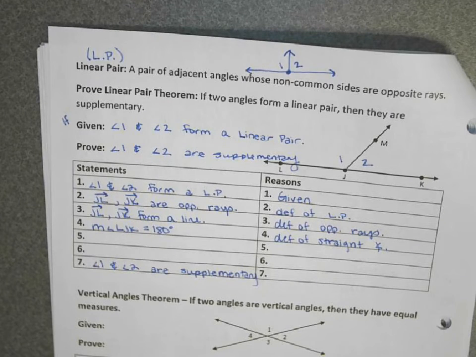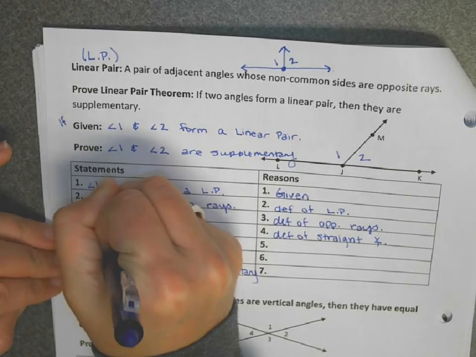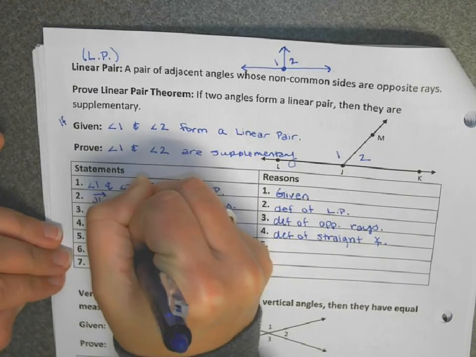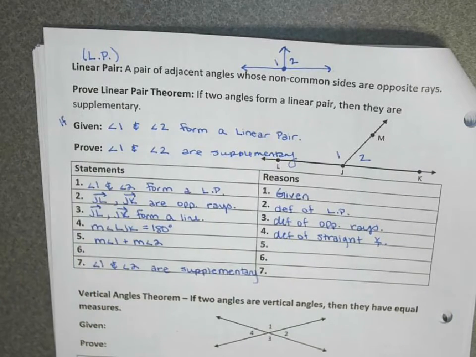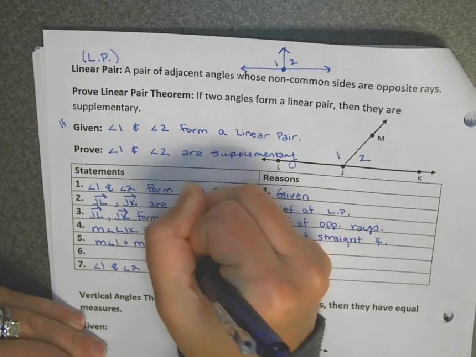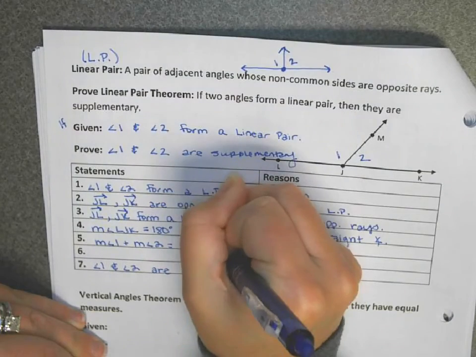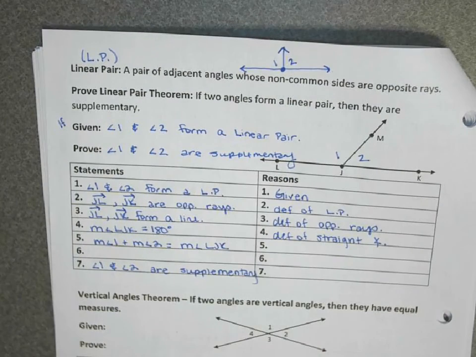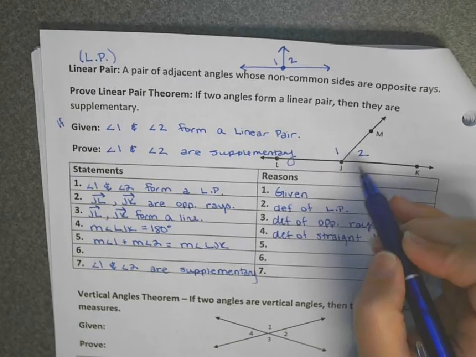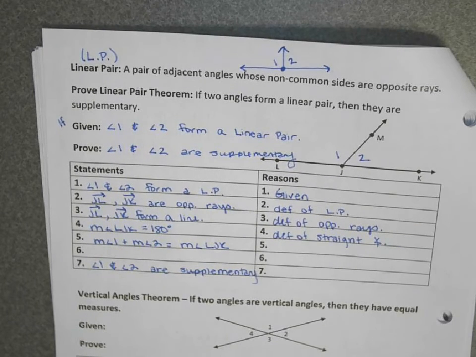I also know that the measure of angle 1 plus the measure of angle 2 has to equal the measure of angle LJK. Why do I know that 1 and 2 add to LJK? Why do I know that this part plus this part equals the whole thing? What's my reasoning there?